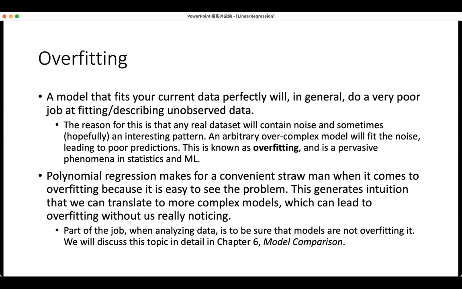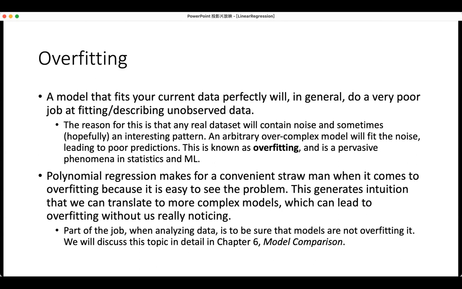If your model picks up that Gaussian noise, then it is guaranteed that it will not perform well in the future, because the new data points could have a very different noise.